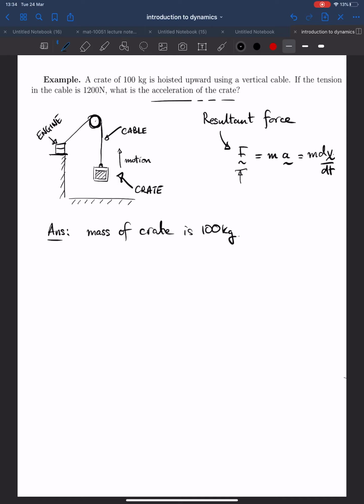So what we're told is that this cable has a tension inside it. Okay, so this is something that may be new to some people. Tension in cable is described by a force.